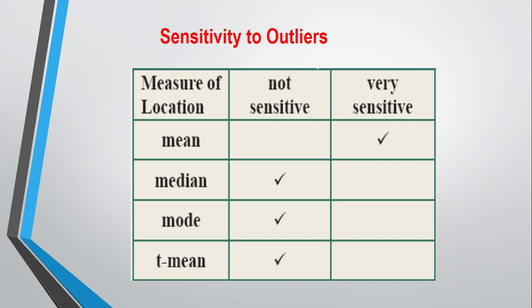The median is not that sensitive. Mode is not that sensitive because most people do not have that much income. And the trimmed mean is also not sensitive. So keep in mind which ones are sensitive to outliers: the mean. The rest of them are good measures of central tendency and not sensitive to outliers.